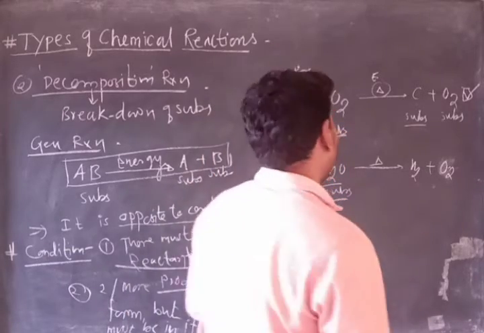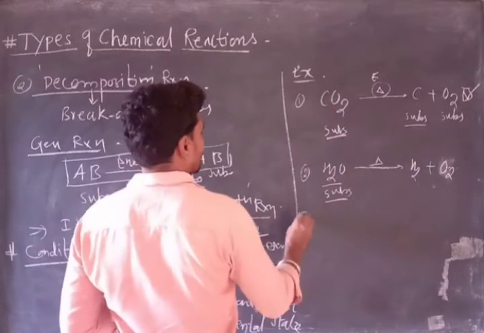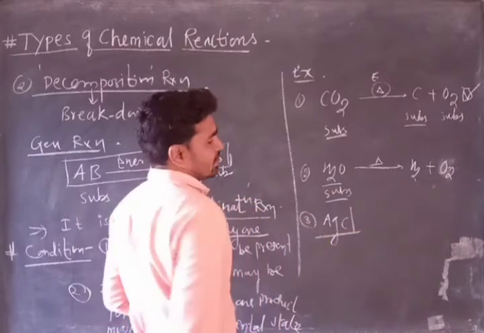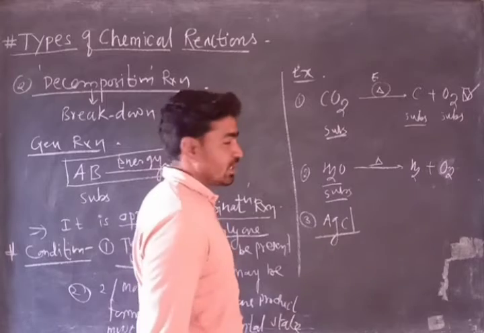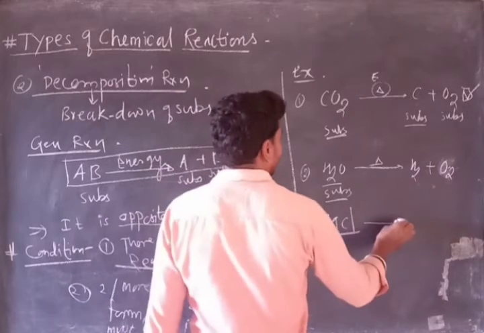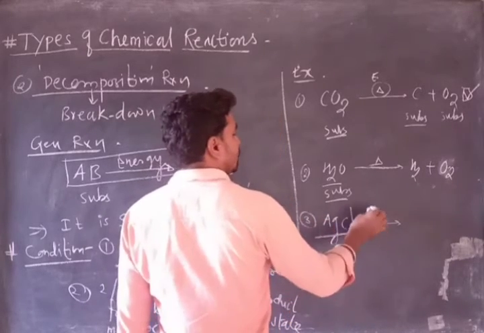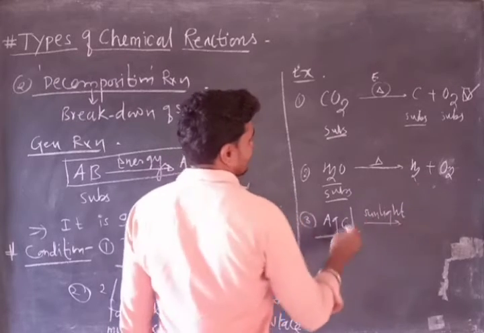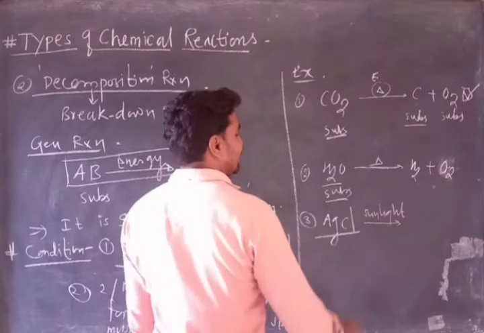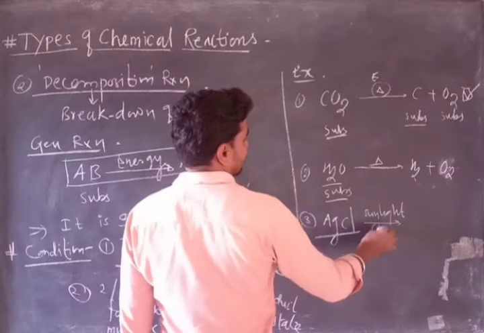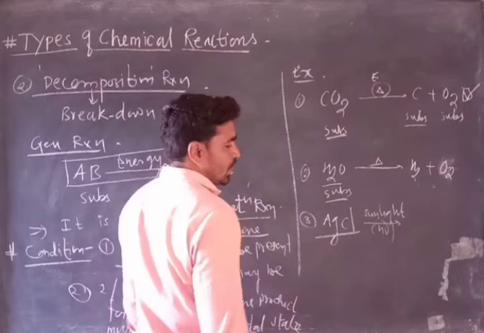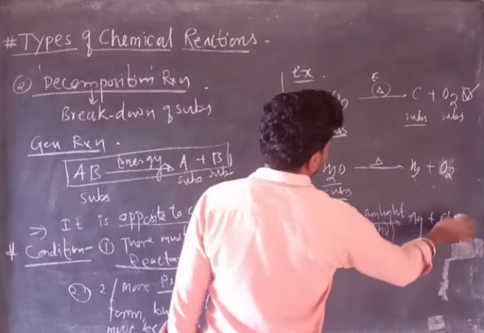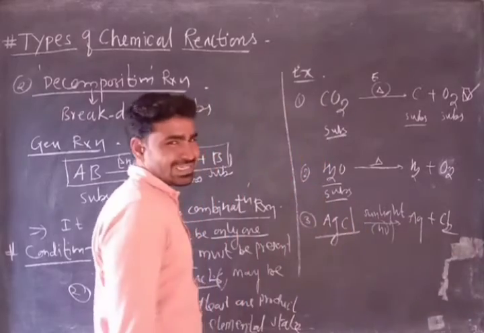Here I will take one example: the substance silver chloride, AgCl. My dear friends, when we give sunlight to silver chloride, sunlight is represented by h nu, it breaks down into silver plus chlorine gas, Cl2.